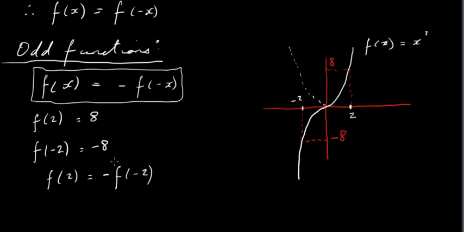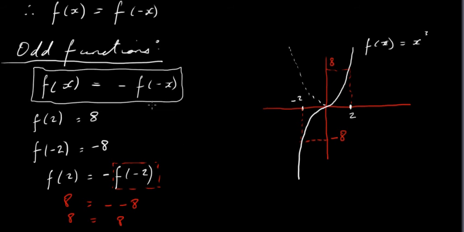This part of our function, f of minus 2, is minus 8. So here we end up with minus 8, and on this side we have 8. Minus of minus 8 is 8, and here we have 8 on this side. So f of 2 is equal to minus f of minus 2.